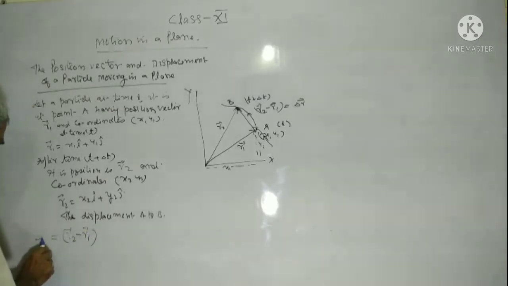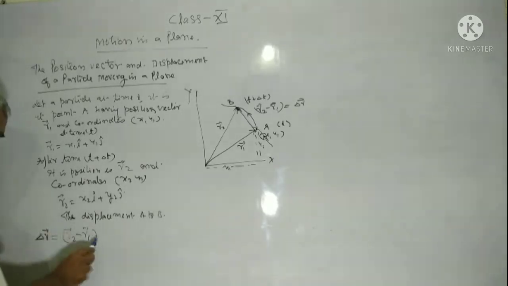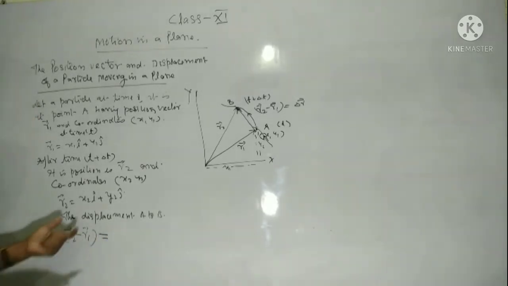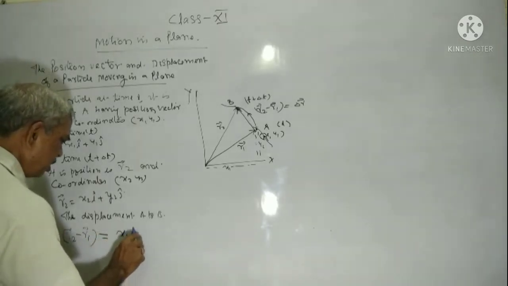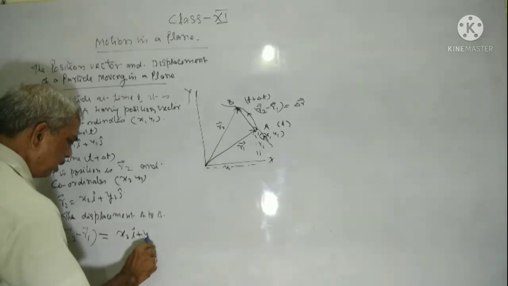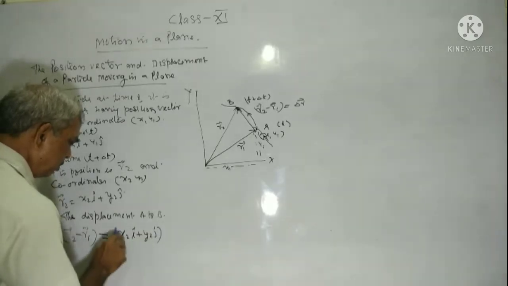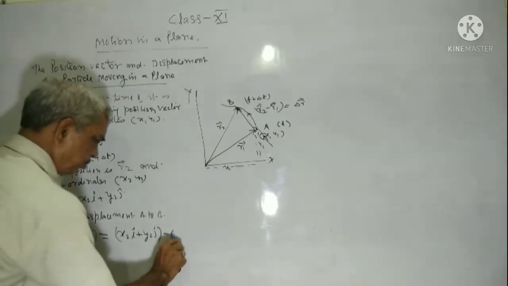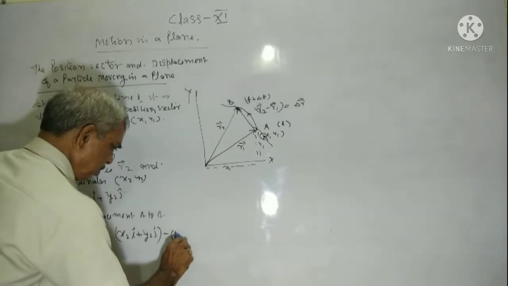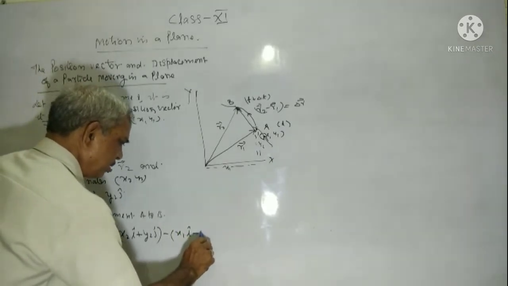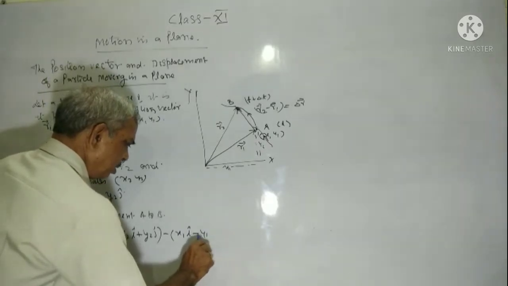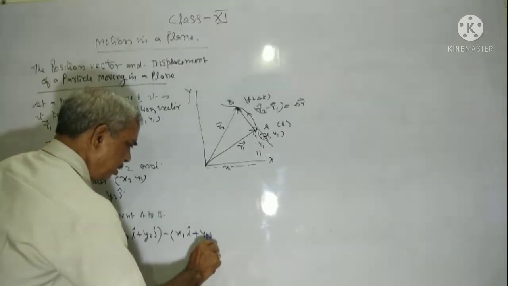This is delta R. Then x2 i cap plus y2 j cap minus x1 i cap minus y1 j cap.